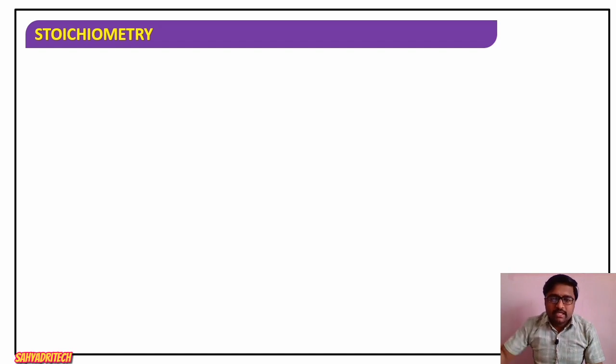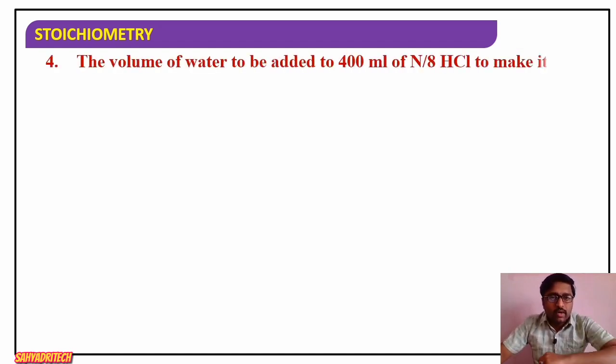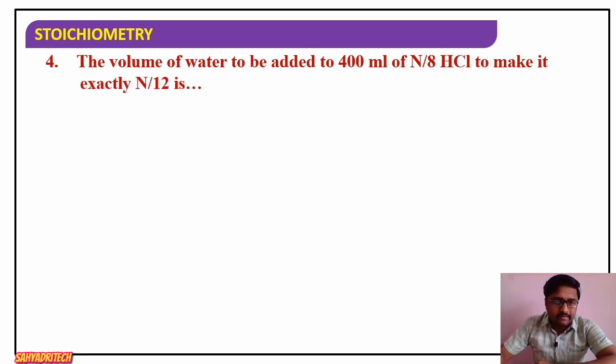Well, coming to the next problem. What is that? The volume of water to be added to 400 ml of N/8 HCl to make it exactly N/12 is. So what they are saying, they already have 400 ml of N/8 HCl.